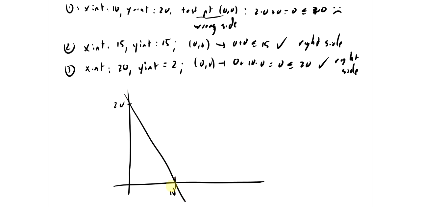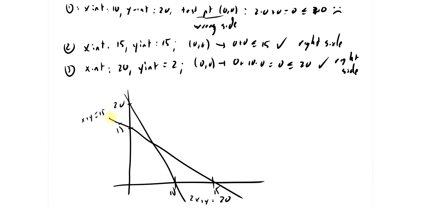And it's often useful to write the equation of your lines. So this is 2x plus y equals 20. If we put 15 here, and then that'll be 15. And this line is x plus y equals 15.